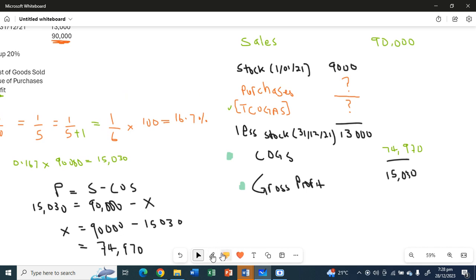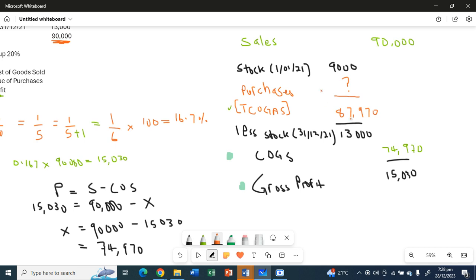We can remove this question mark here and put in 87,970. I don't know why I misread that figure. 87,970. So we've got our total cost of goods available for sale.